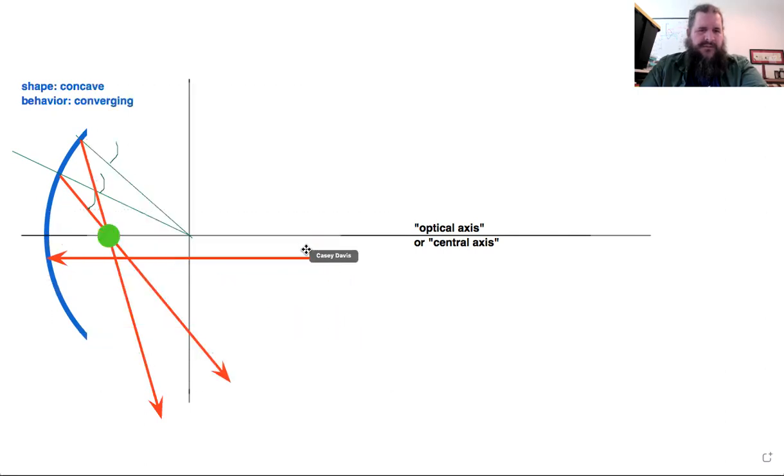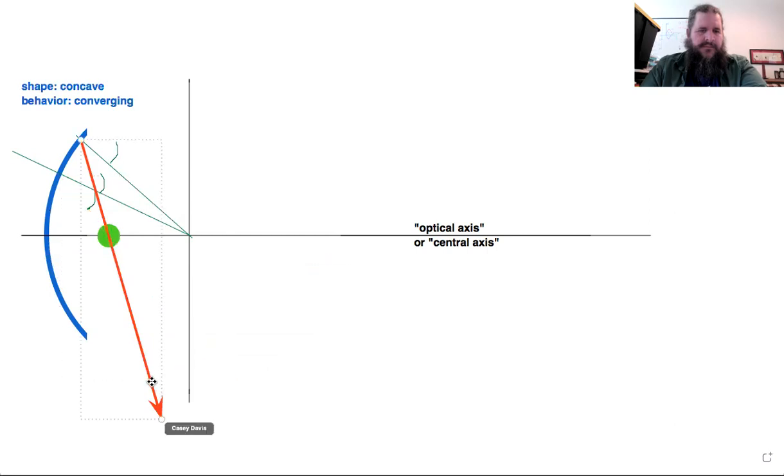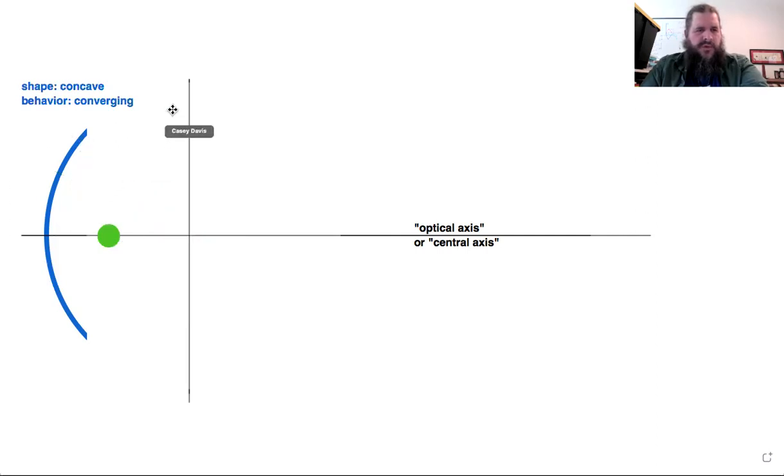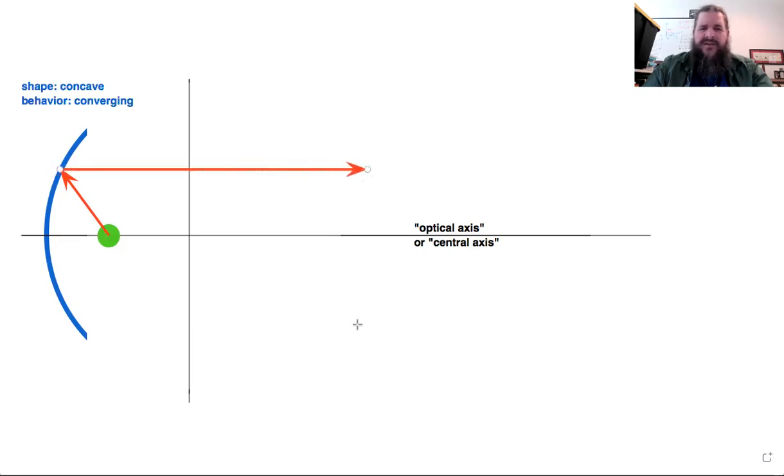We can also reverse this and say that any ray of light that goes through the focal point would have to do what as soon as it hits the mirror? Yeah, that's going to bounce off to become parallel to the central axis.